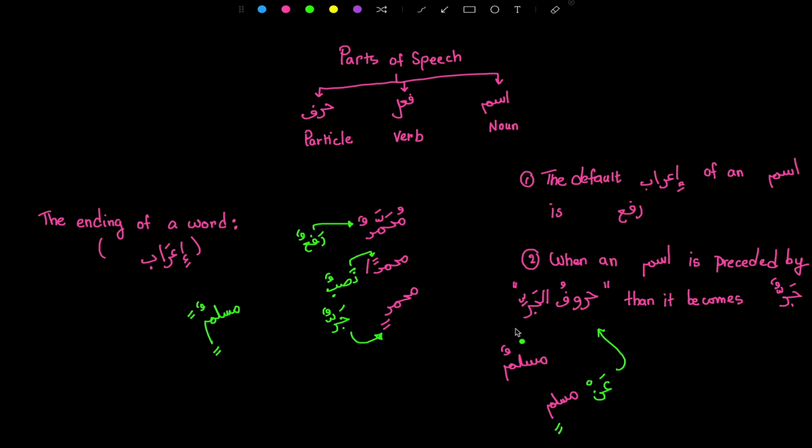And just one more thing to add: a word whose i'rab is raf'un is called marfu'un. And a word whose i'rab is jar is called majrurun.